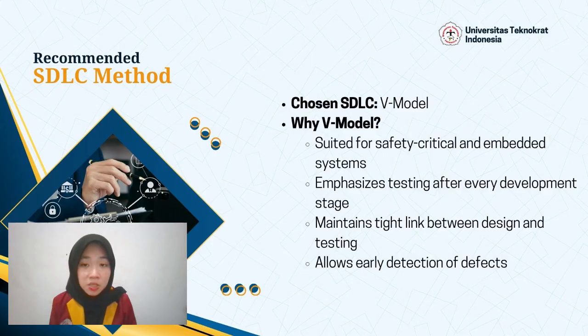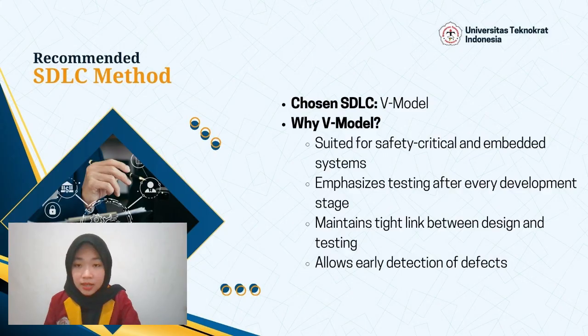This is especially important in safety-critical systems, where mistakes must be caught early. The structure and discipline of the V model allow for thorough verification and validation at every step, which aligns perfectly with the needs of an autonomous vehicle system.